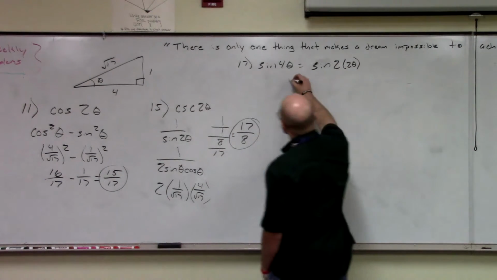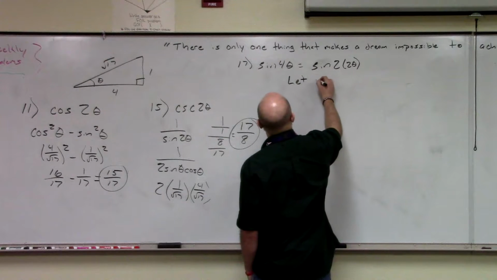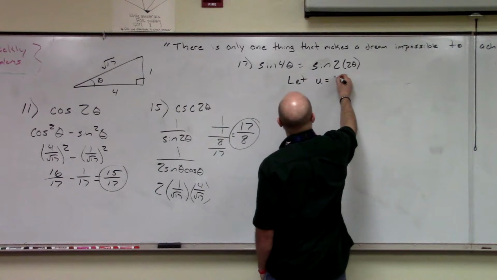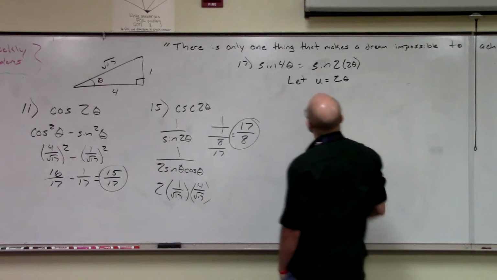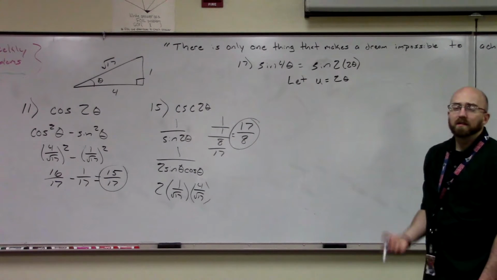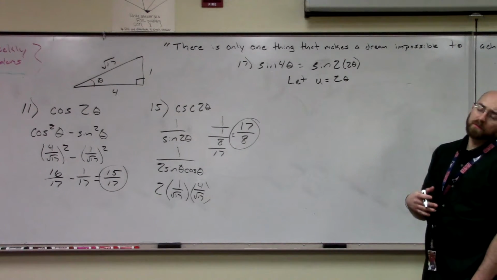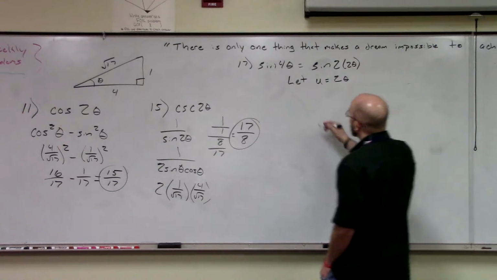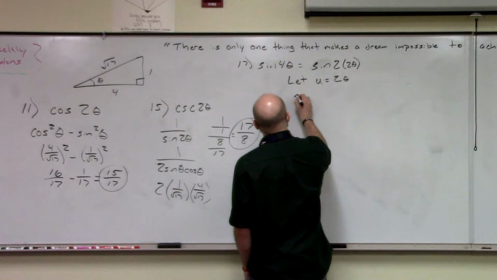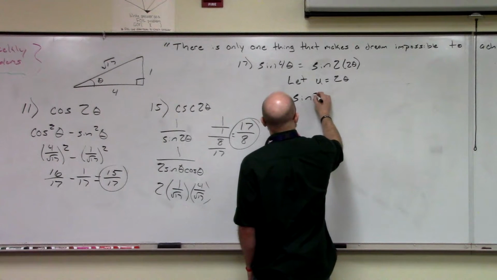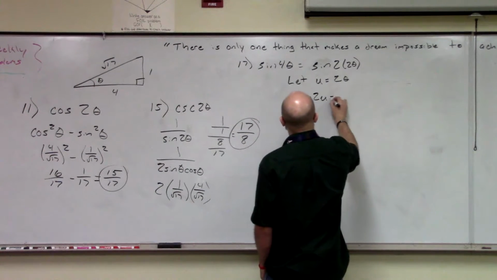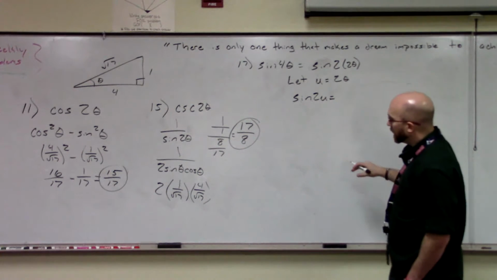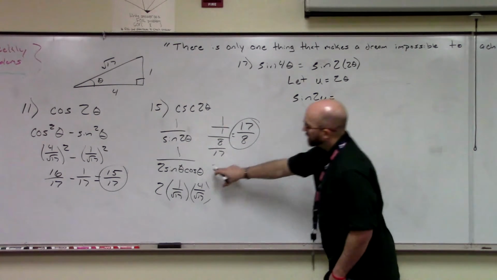So now let's let u equal 2 theta. We've done u substitution before, and we just let this happen. So we get sine 2u, which if we expand that out is the same thing right here.